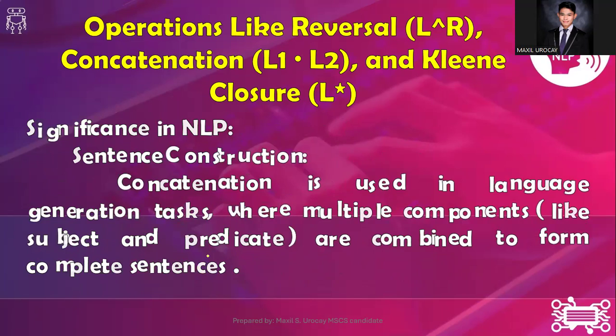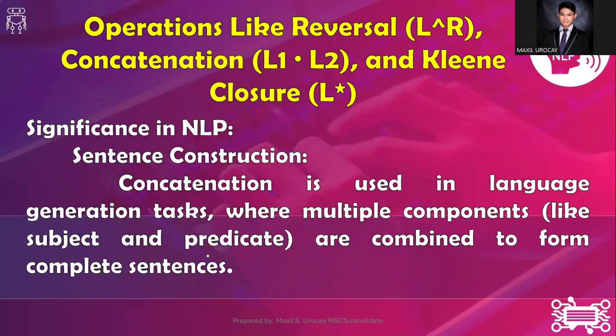Now, sentence construction is used in language generation tasks where multiple components like subject and predicate are combined to form complete sentences. Of course, this is the function that we're working with here. We're combining them to form a new structured sentence.